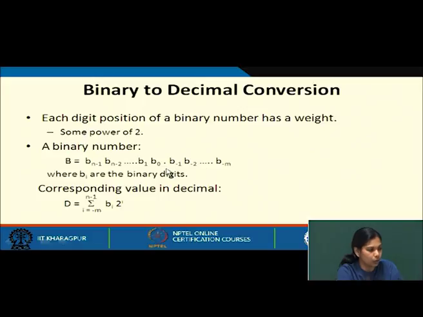Here also, B(-1) into 2 to the power minus 1 plus B(-2) into 2 to the power minus 2, and so on till B(-m). So, the corresponding value in decimal can be represented by this summation, for i equals minus m to n minus 1, of Bi times 2 to the power i.